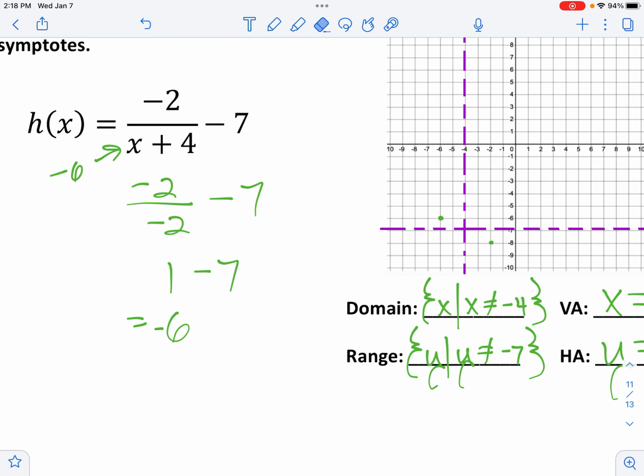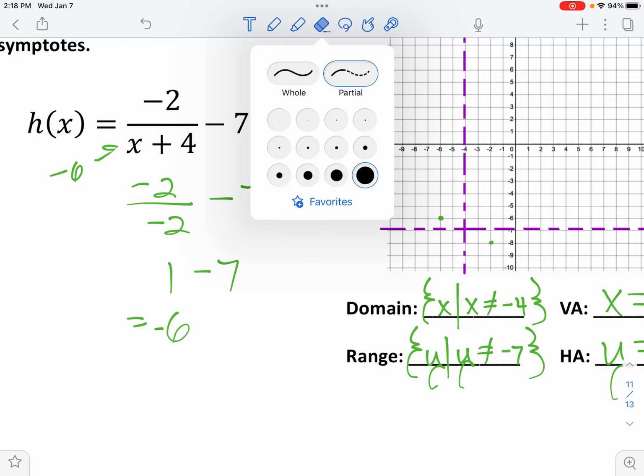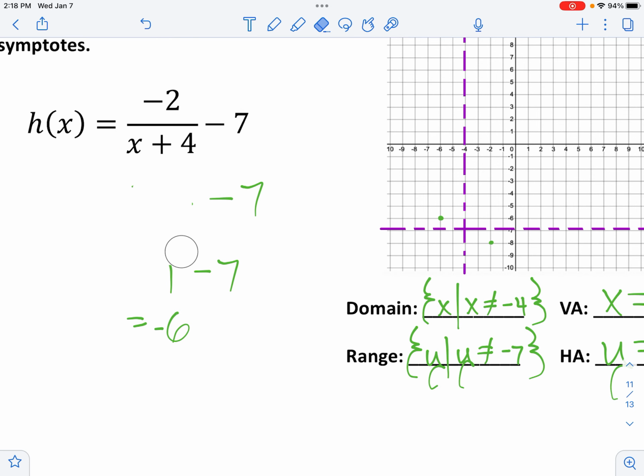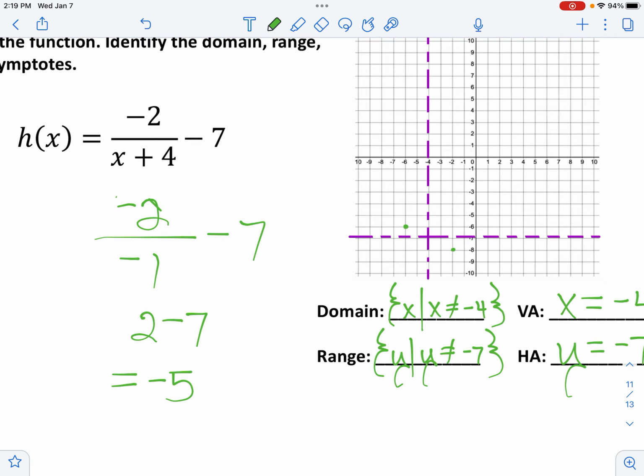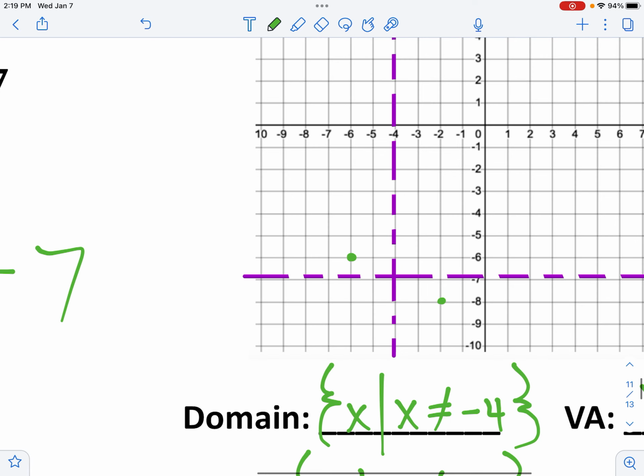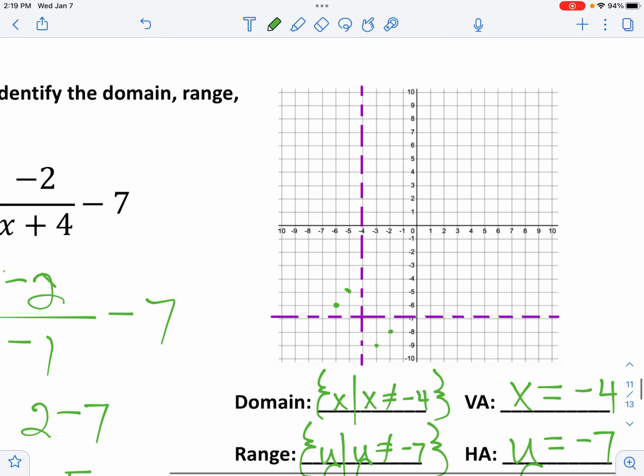Now what if I put a -5 in? Then I would have -2 over -5... that would give me -5. So -5, -5. Okay, so now I can use those couple points as my guide.